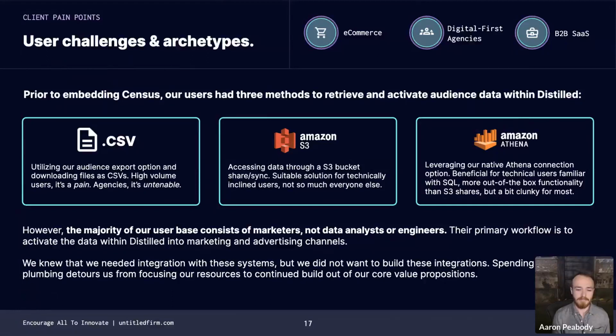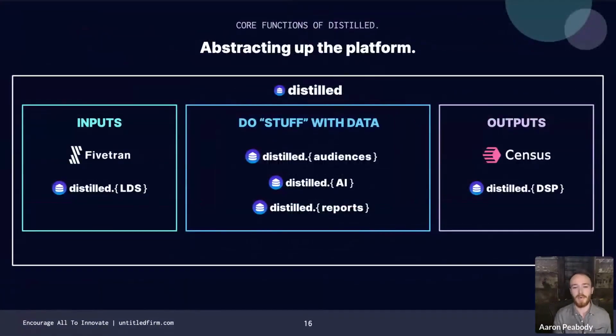So we kind of had to solve that problem. Abstracting up what the platform fundamentally does, just to make it easy, we think of everything as inputs, our customers doing stuff with data, and outputs. For inputs, we've been a Powered by Fivetran customer for a long time, and we're actually one of the first that signed up for it.